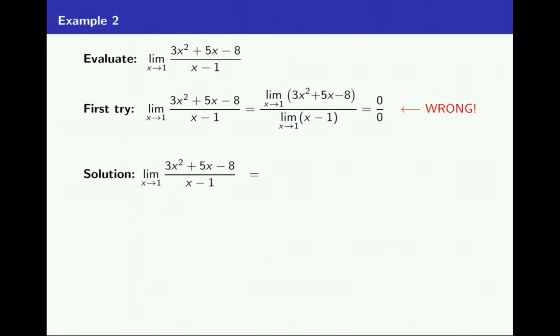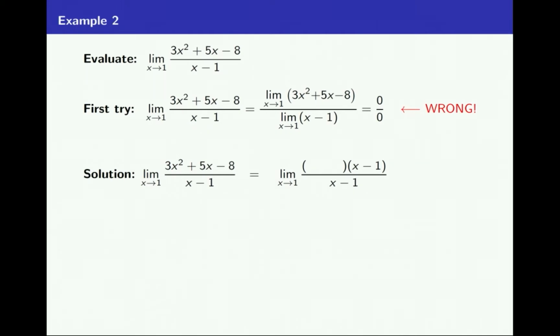So our strategy here now is to apply some sort of algebraic simplification to cancel the term that's giving you a 0 in the denominator, which is precisely this x minus 1. That's what was turning into 0. So in our solution, before evaluating the limit, we would like to factor the top, and ideally, we'd like to factor an x minus 1 out of it, so these two terms would cancel.